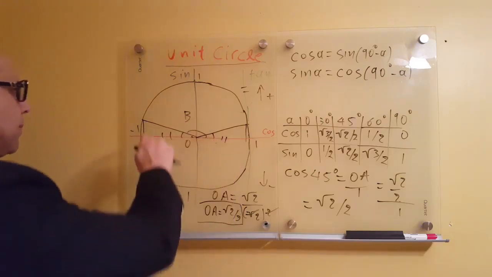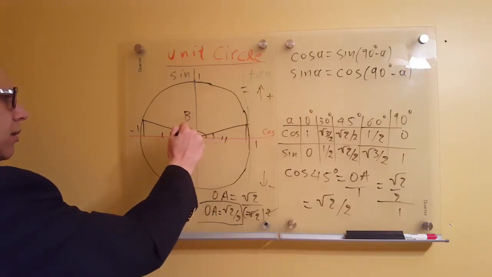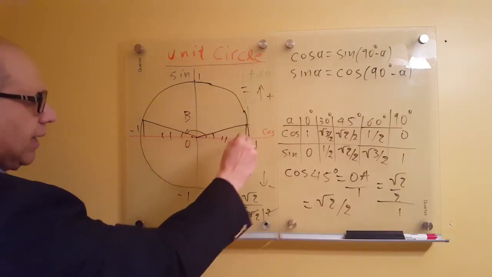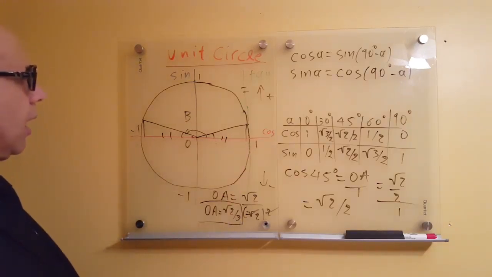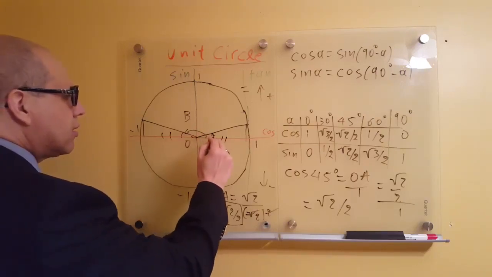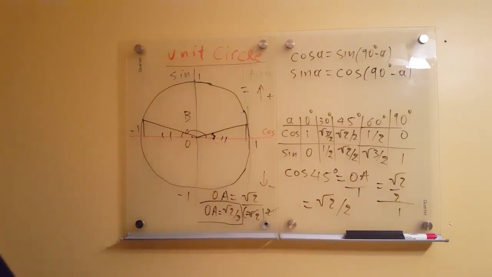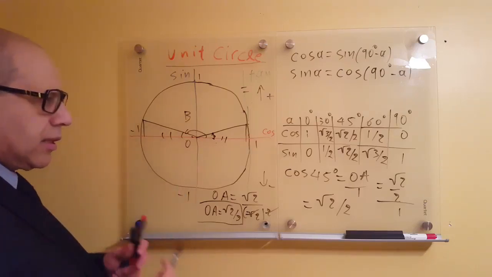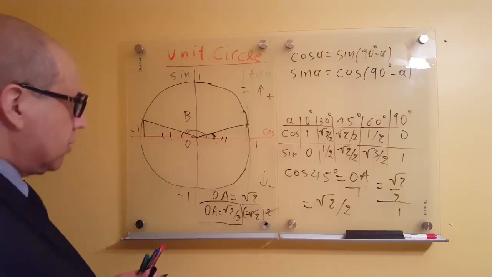So the cos of this angle is equal to the negative cos of this one. These two angles sum up to 180 degrees, so angles that sum up to 180 degrees have opposite cosines.